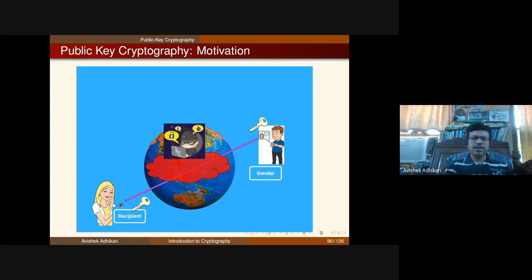Because if he wants to share the key, he may send it using, say, Gmail. Then the Google company will be able to get the key, so Google will understand what is being sent as a key. So he cannot send the common key using an insecure channel.